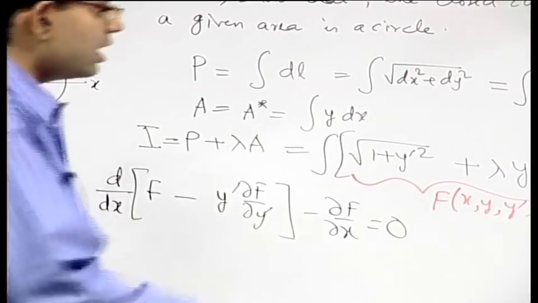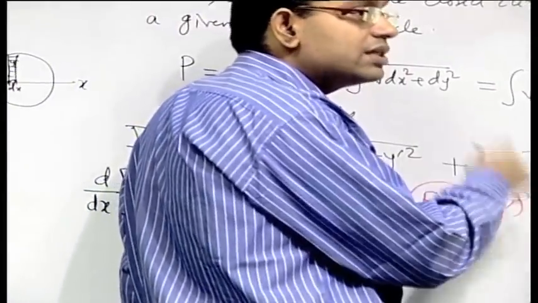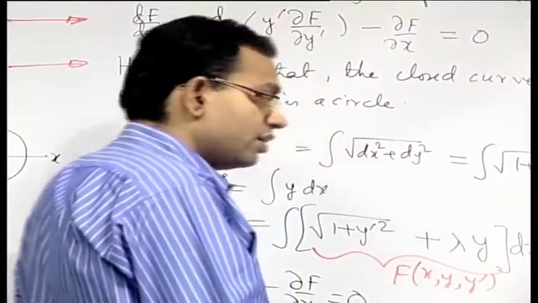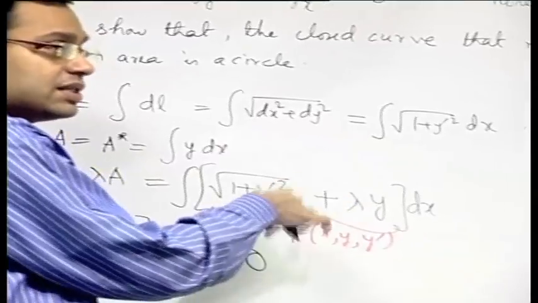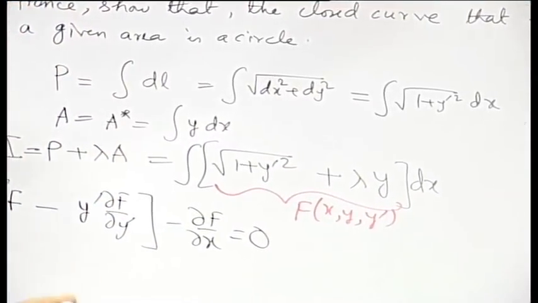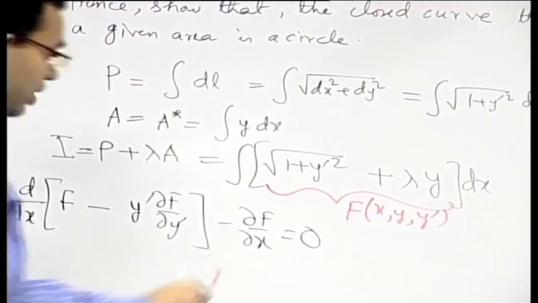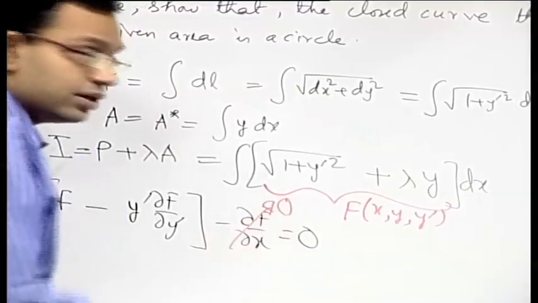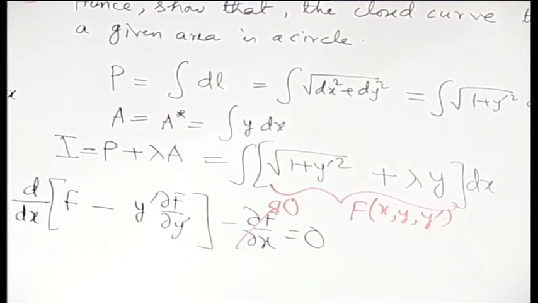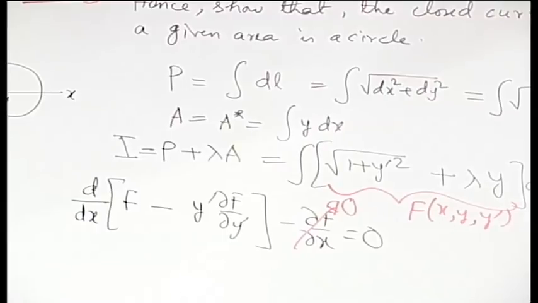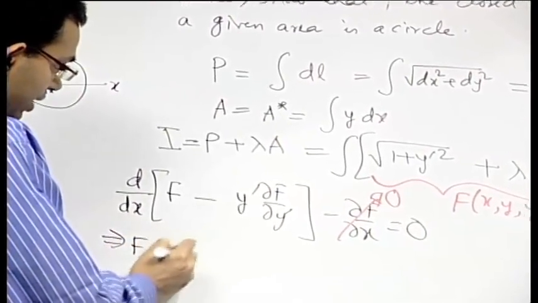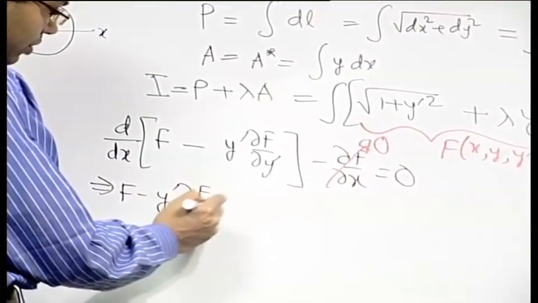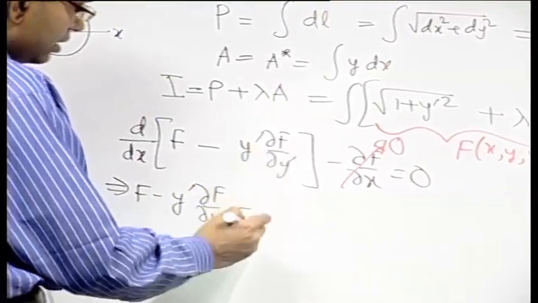Why? Because f contains y and y prime which are themselves functions of x, but partial derivative of f with respect to x is 0 because there is no explicit x appearing here. So that means you have this equal to 0. So that means you have f minus y prime del f del y prime is equal to a constant.